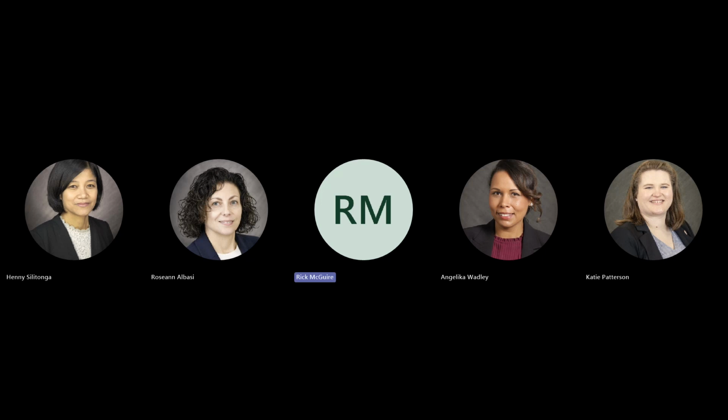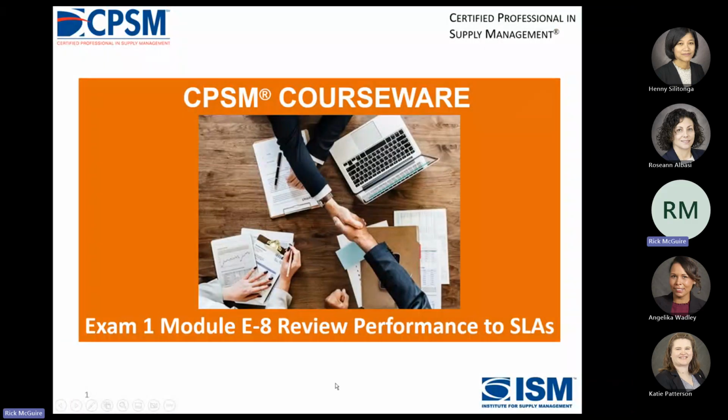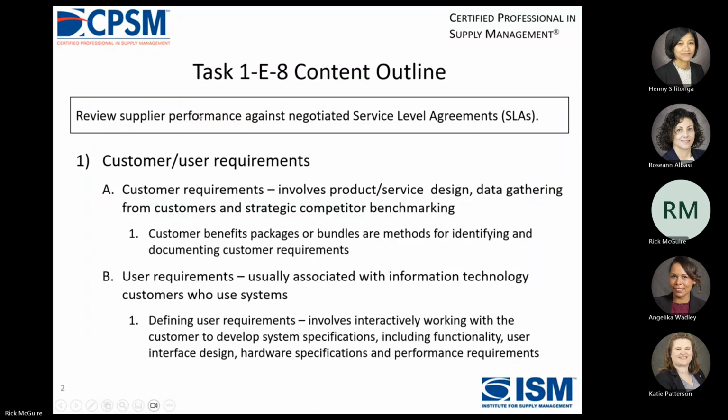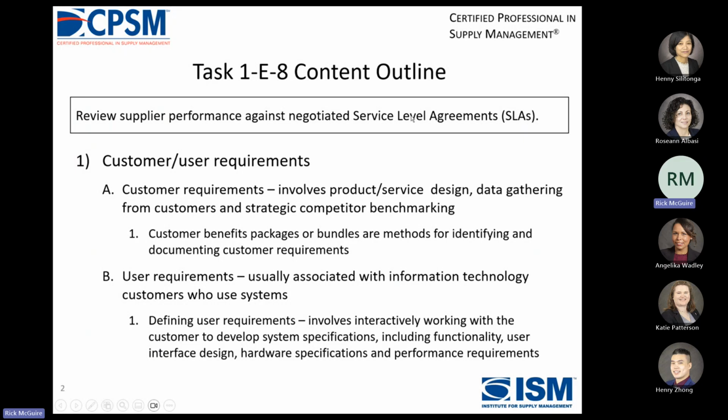SLAs. All us OE folks are going to go into indirect for a little while here. Review supplier performance against service level agreements, otherwise known as the SLA. And the way it should be done is the SLA should be like an addendum or an annex to an MSA, which is the master services agreement, which has more of the legal stuff in it.